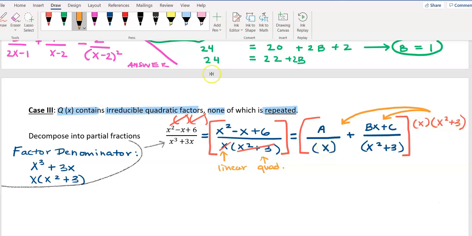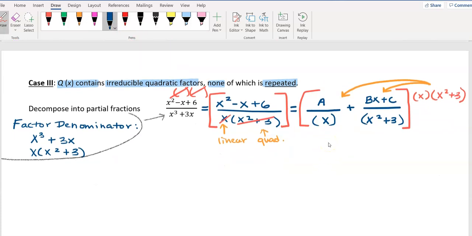So what I would really have is the resulting a times the other factor, which is x squared plus 3. So that x factor would cancel with this denominator. And then same for the second fraction. My bx plus c would multiply with both of these factors. The quadratic factor in this case would cancel, really leaving just the x for the numerator to multiply with.